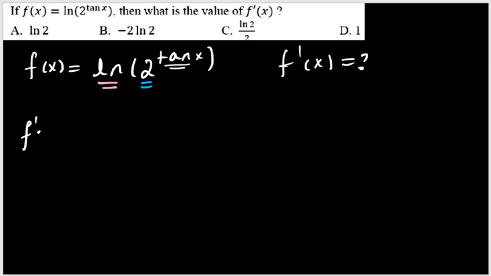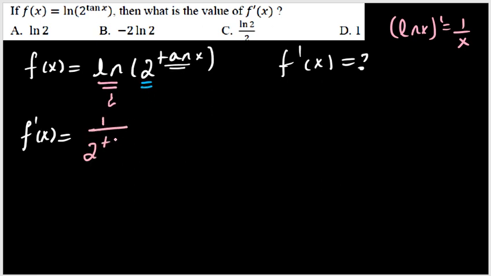So the derivative of the function will be, first, the ln derivative. Remember, the derivative of ln x is 1 over x. So I have to do 1 over everything we have here, 2 to the power of tan x, times the derivative of the exponential. Again we need to recall the exponential derivative, that is a to the power of x times ln a.